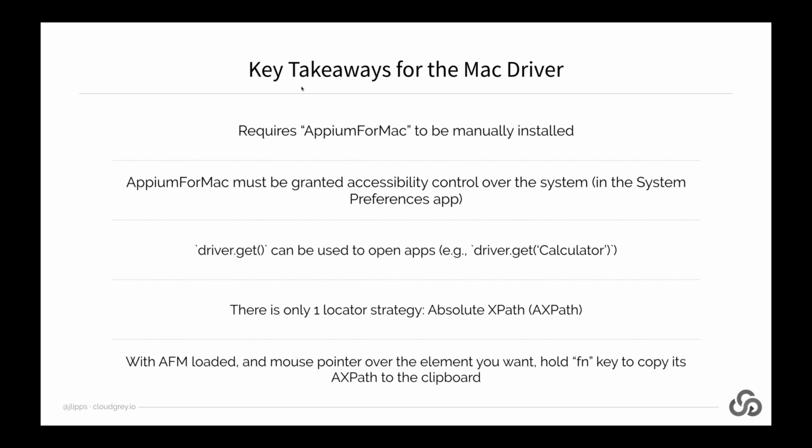To figure out what the locator of an element is, there's a special feature that Appium for Mac has, where if you have it loaded, you can put a mouse pointer over any element on the Mac OS desktop or operating system or other applications, and hold down the function key for a few seconds, and it copies an AXPath for that particular element to the clipboard.